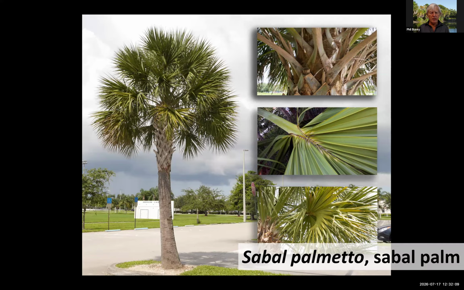So those are some characteristics. There are other technical characteristics. The petioles lack spines or other armament, but that's not terribly good, because sometimes with a very tall sabal palmetto or a very tall Washingtonia, we can't see the spines on the petiole.